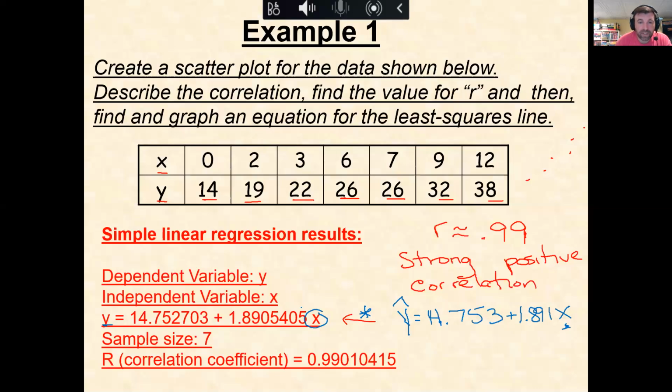Okay, so when StatCrunch gives you this equation, you copy the exact same equation. If you plugged in names here, if you said hours and test score, then you would write the word test score with the hat on top. Whatever StatCrunch gives you, you copy it, and then you would just put a little hat over whatever the y value is.